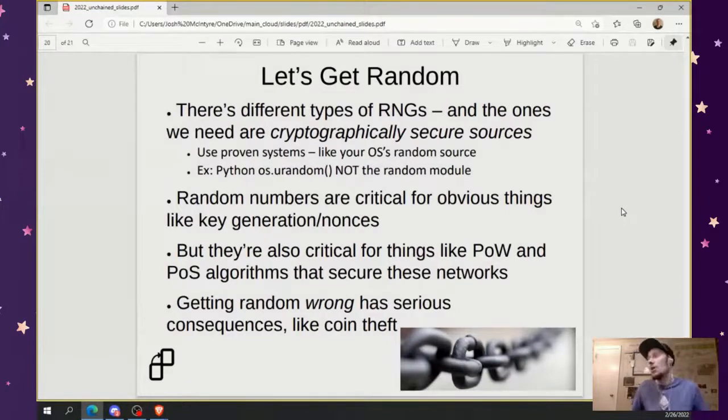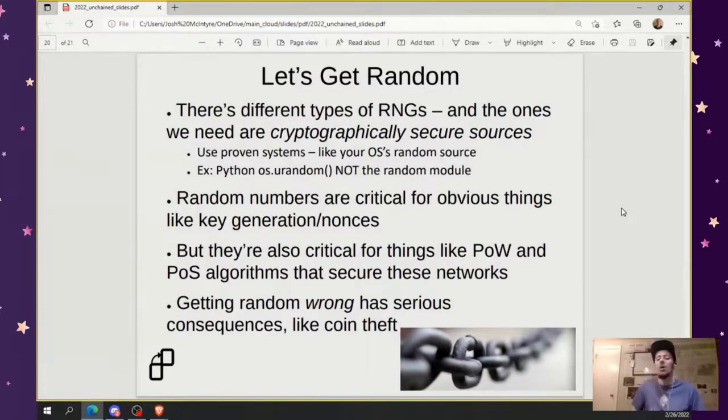Random numbers are critical for obvious things like key generation and nonces, right? Super important that we have secure keys for our private keys for crypto. But they're also critical for things like our consensus mechanisms: proof of work, proof of stake, even other consensus mechanisms that are out there use randomness in some way. Because again, we don't want people to be able to game the system in their favor and change the blockchain.